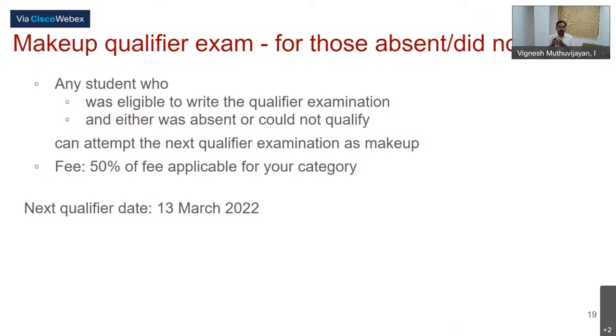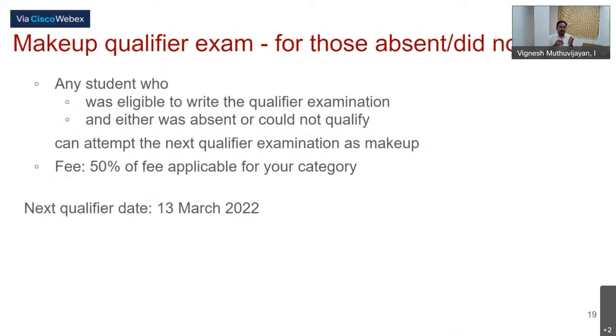This next qualifier exam will happen at the beginning of the next term, so it will be end of May, beginning of June. That's when the next qualifier exam will happen, and you can appear for this.